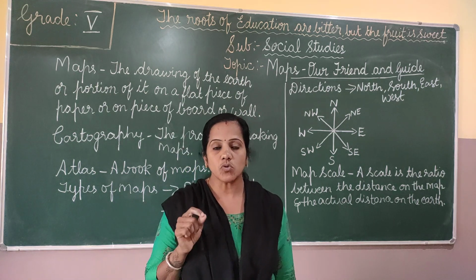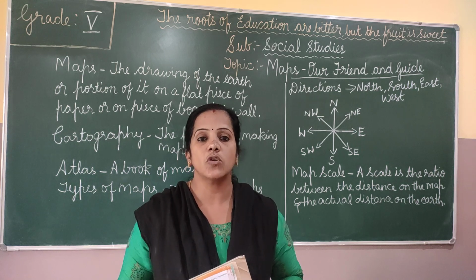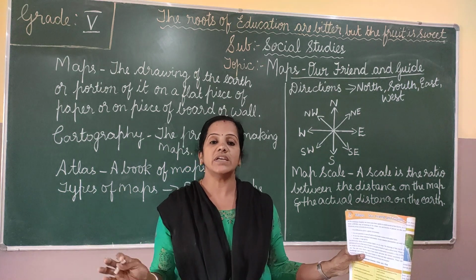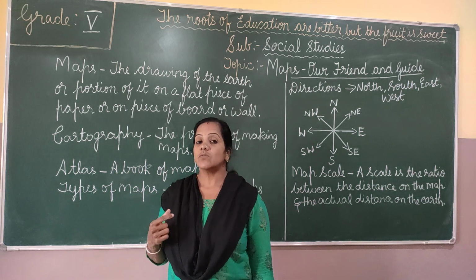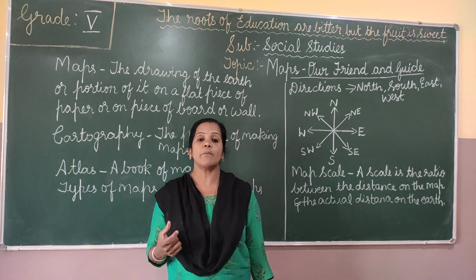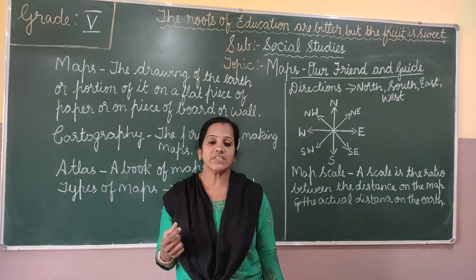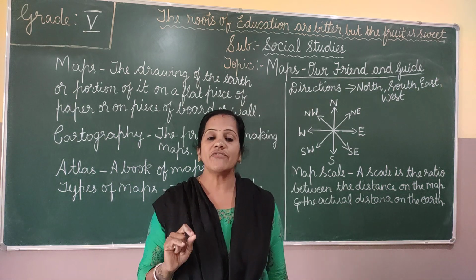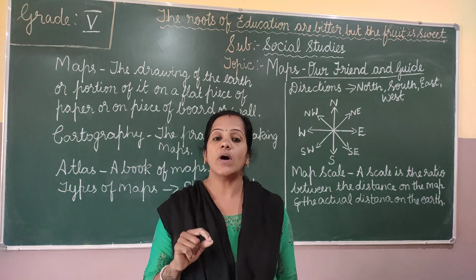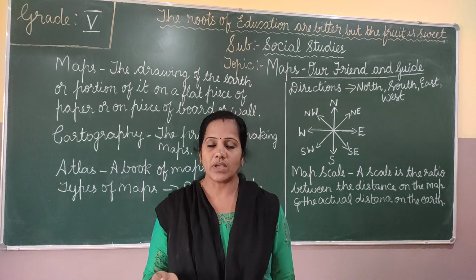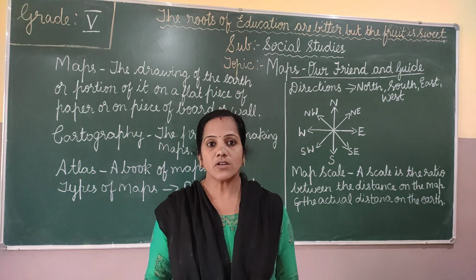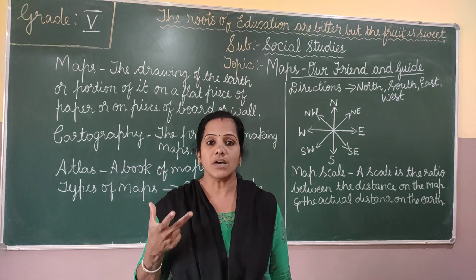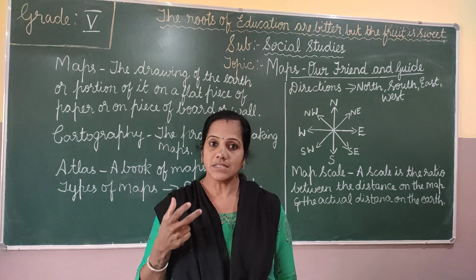If you want to show the detailed information on the globe, we should make a very huge globe. So I'll repeat once again. What are the drawbacks of the globe? First, it is difficult to carry from one place to another. Second, on the globe we cannot show the whole earth's surface at a time.